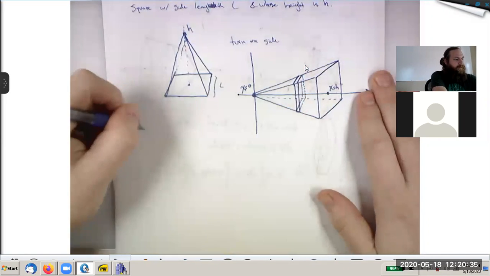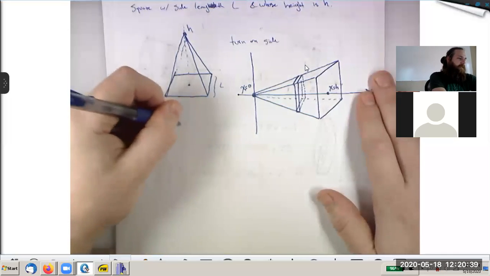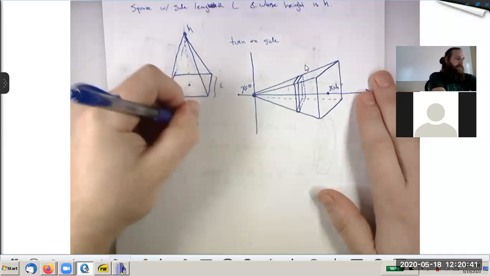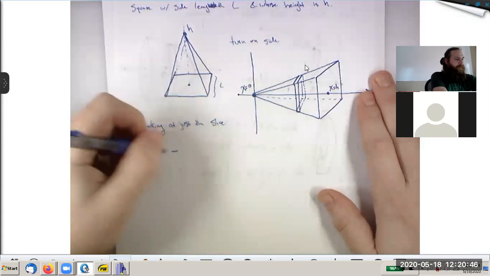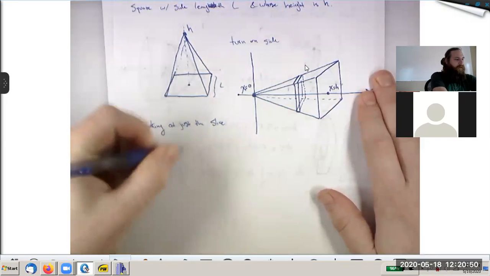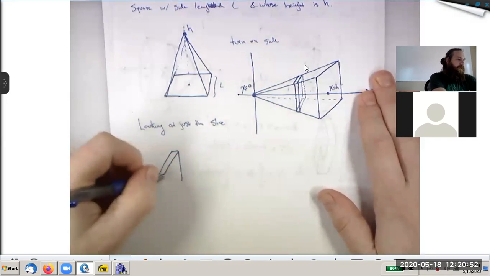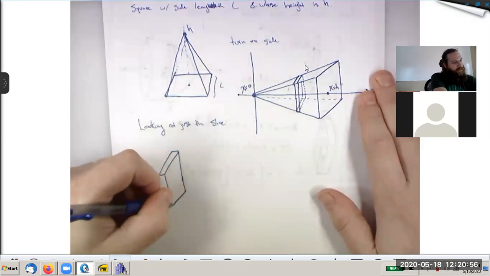So looking, this is why I say it's nice to just look at the slice. Again, I'm taking my slice at some generic point x along the axis there between 0 and h.